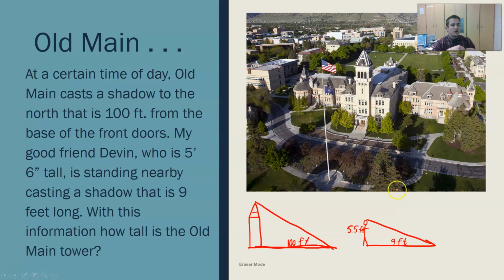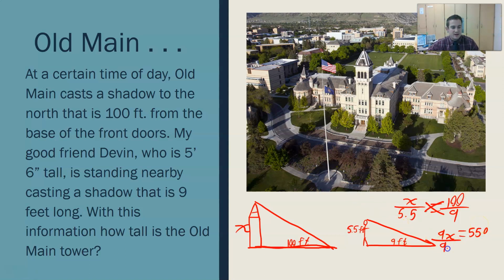Yes, I could. I don't need to actually go out there with a tape measure and measure Old Main. I could use this to figure out how tall Old Main is. So that's what I'm trying to find. So x divided by 5.5, the height of Old Main divided by the height of Devin, is equal to 100 divided by 9, Old Main's shadow divided by Devin's shadow. When I cross multiply, I get 9x equals, I think that's 550. 100 times 5.5 is 550.